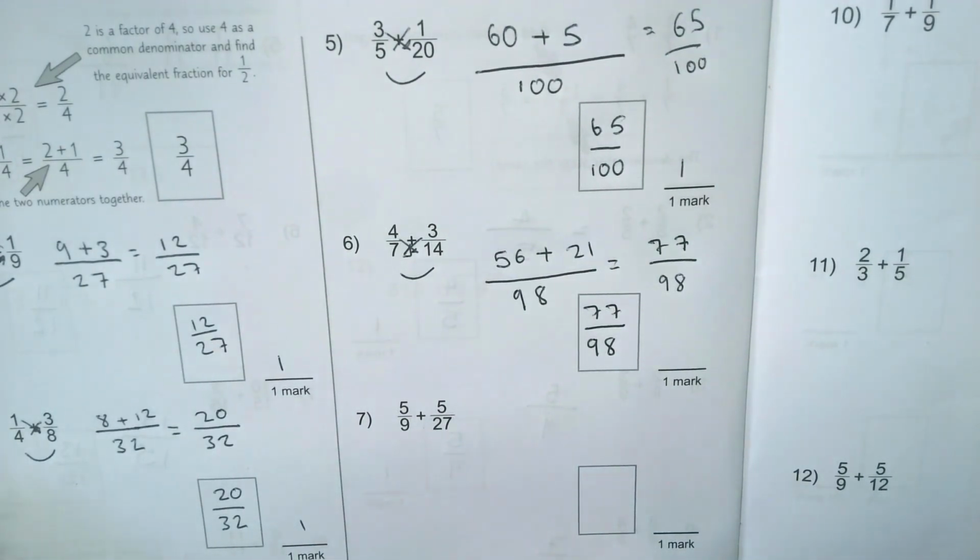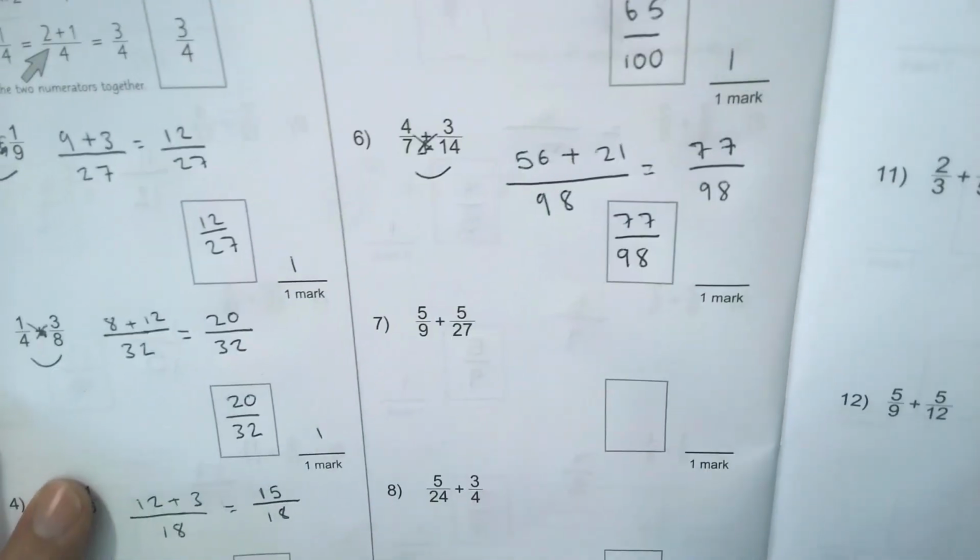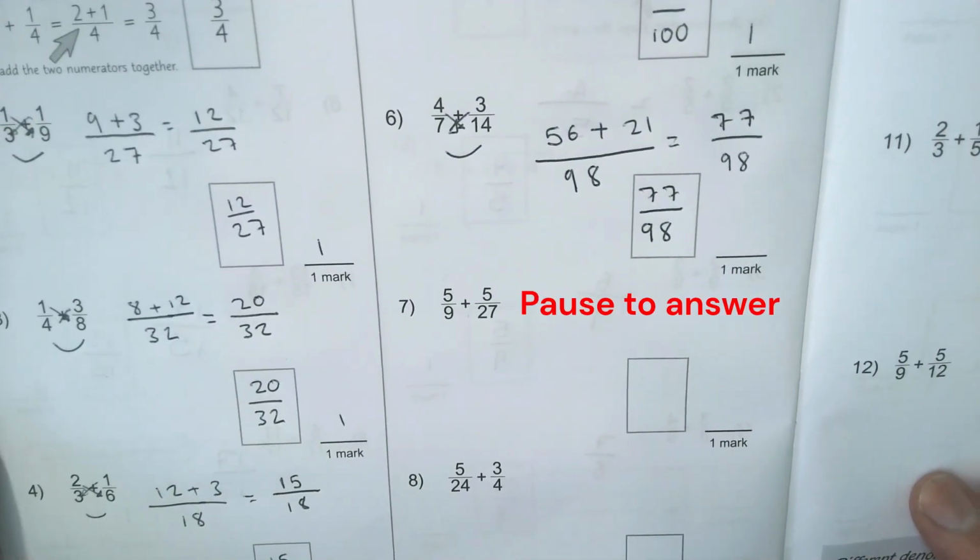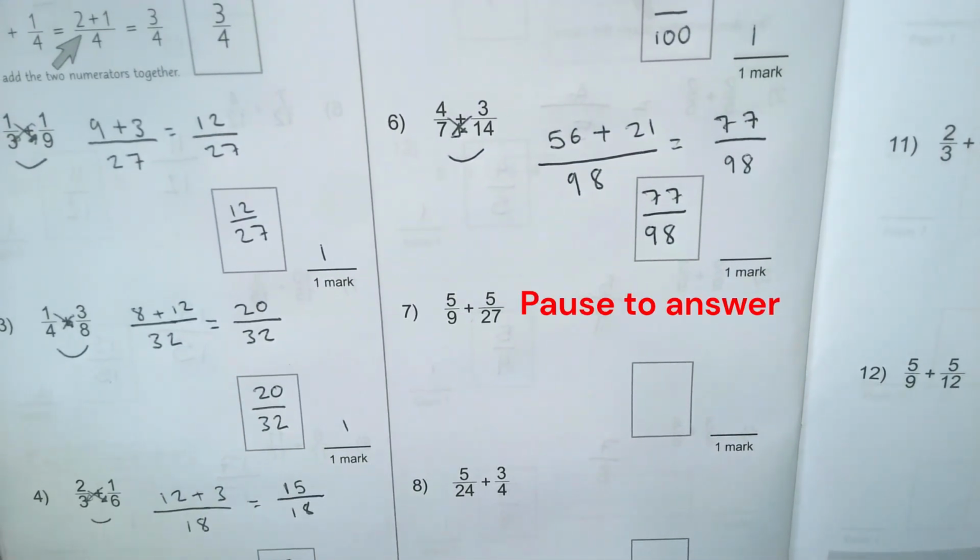5 times table. Let's have a look. Number 7, 5 over 9 add 5 over 27.